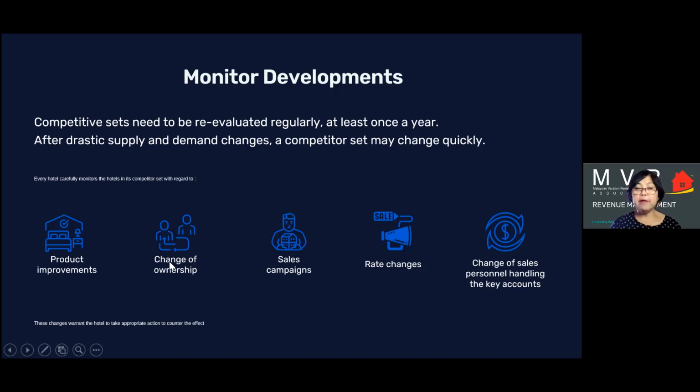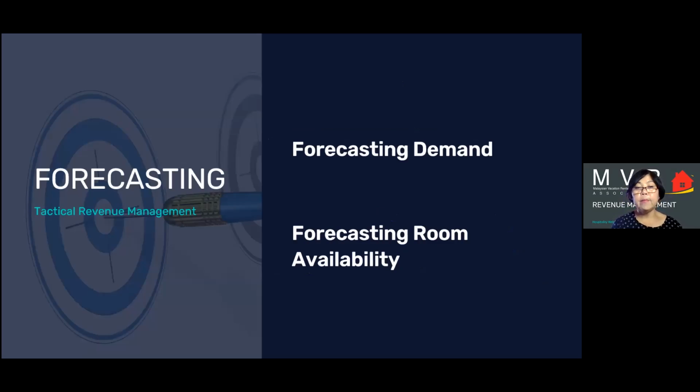Change of ownership may change direction. They come up with fresh sales campaigns, rate changes, and even salespeople leaving and moving. It affects the property's performance. So all these things you keep in mind to do a study and keep records of them.